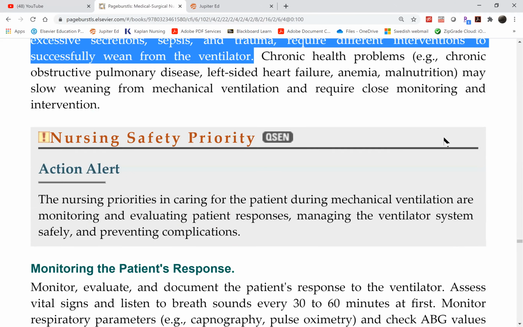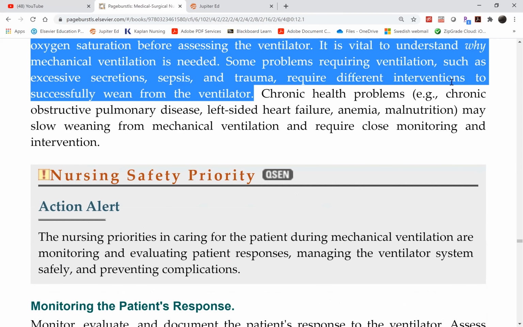I remember one time wherein we were so busy caring for the patient who was going into septic shock, and we forgot to feed the patient. So we forgot to put in an NG tube or a PEG tube into the patient because she was going bad so fast.